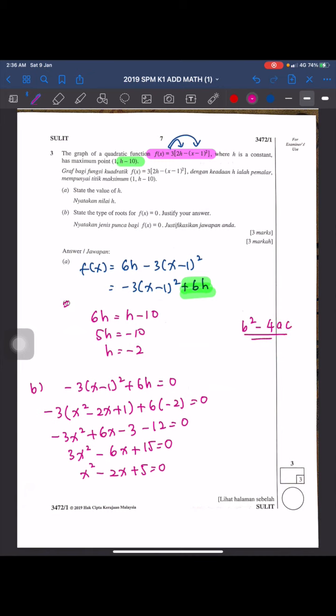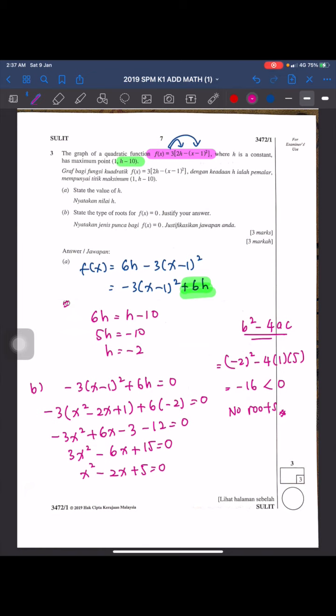So b kita adalah negative 2, so negative 2 square minus 4, a is 1, c is 5. Bila kita kira, kita akan dapat negative 16, which is less than 0. Bila mana discriminant kita less than 0, itu bermaksud no roots.